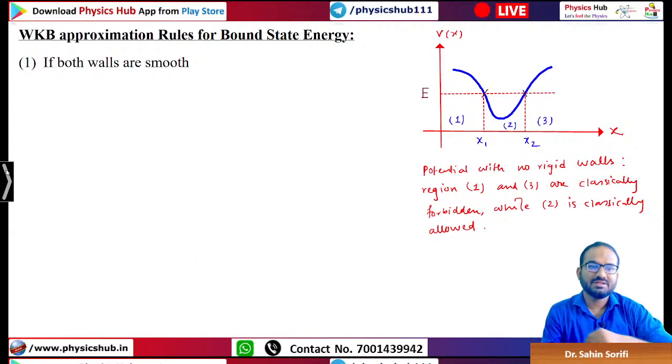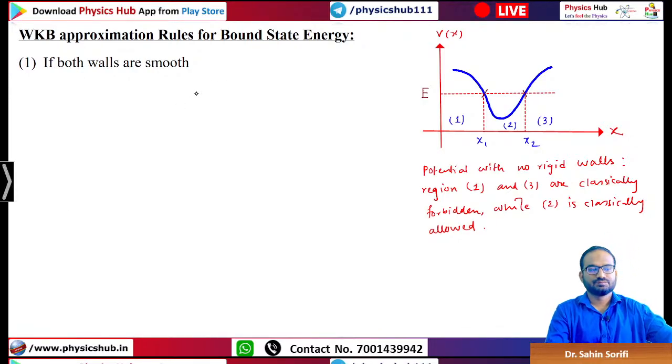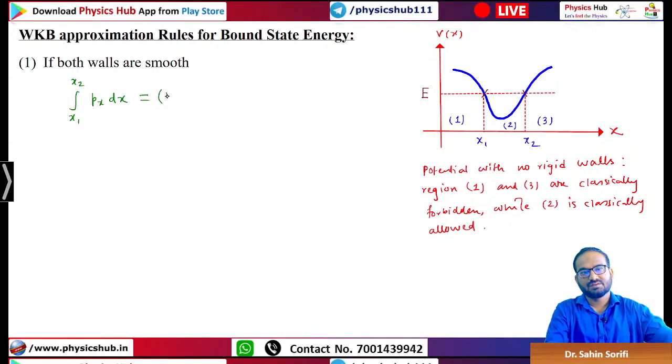Okay. So for this case, if both walls are smooth, we use this integration x1 to x2 of p dx is equal to (n plus half) pi h cut. Look, whenever you have to write n from 0, then you are going to use this formula, with n = 0, 1, 2, 3 and so on.